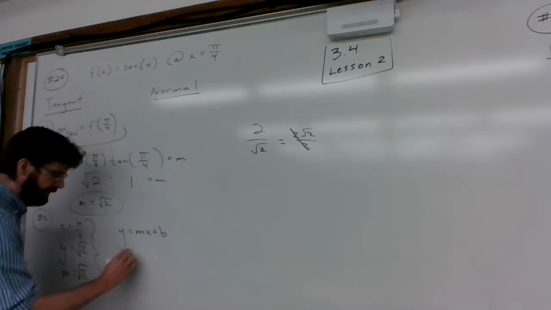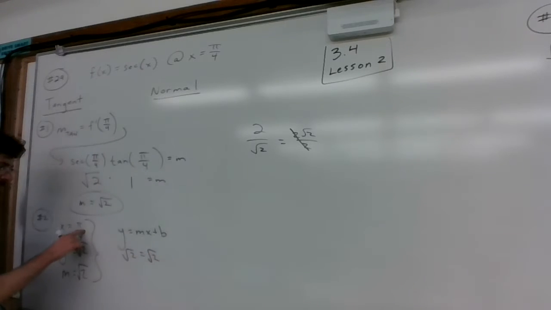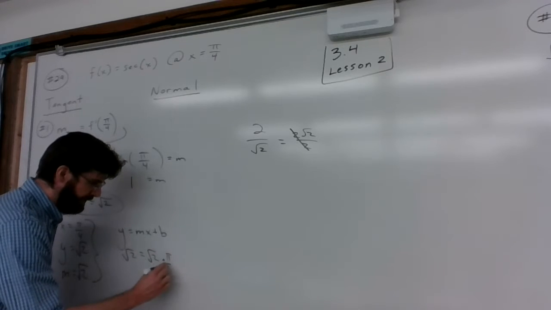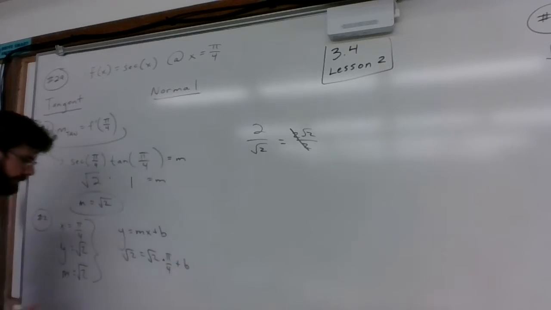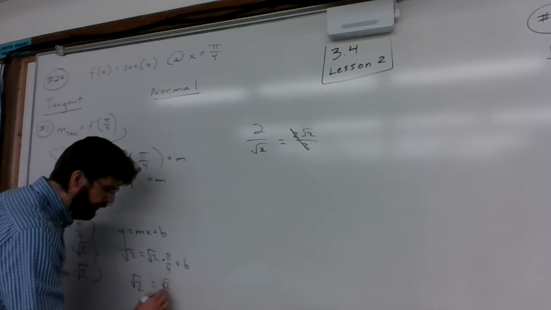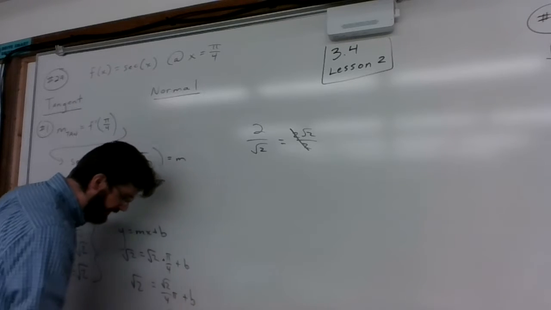Root 2 equals root 2 times pi over 4, kind of an awkward value there, plus b. So this is root 2 equals root 2 over 4 times pi plus b.